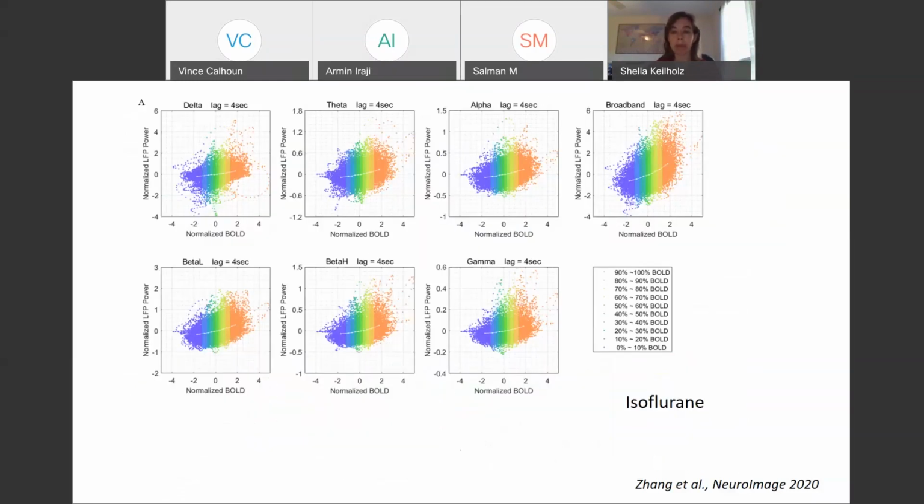So I really like to put up this graph. We wanted to look at this further, so Xiaodi plotted every time point, the bold response versus the normalized LFP power. And again, just looking at this broadband graph here, we've done it for different bands, but the differences are not all that interesting, especially for isoflurane. Just looking at this broadband here, the top 10% of bold responses are given in this orange color.